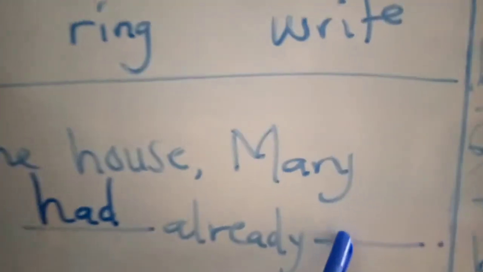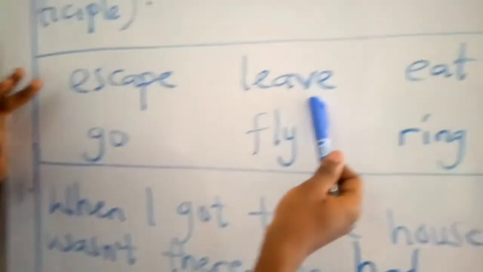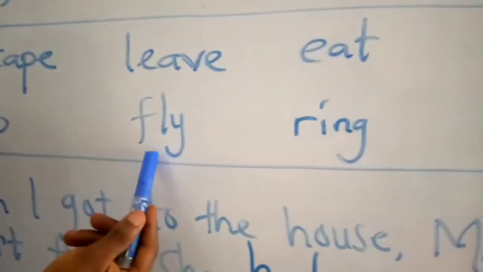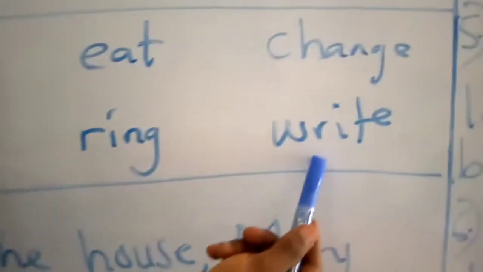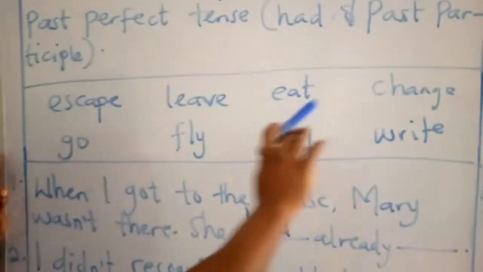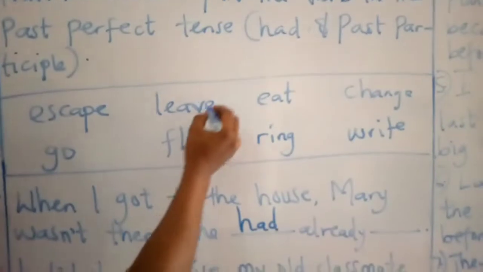What will be the correct verb that will fit in the space? Is it escape, leave, eat, change, go, fly, ring, write? Now, when you look at these verb words, you will see that the correct and appropriate word is leave.